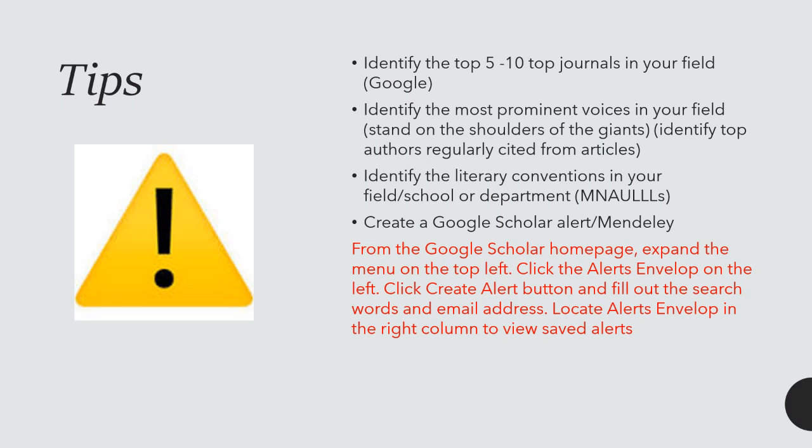They will send you updates daily, twice a week or once every 2 weeks, depending on how you do the setting. You will have the latest articles being published on your topic, which I think is really worthwhile, and in that way you keep up with the current research in your field.